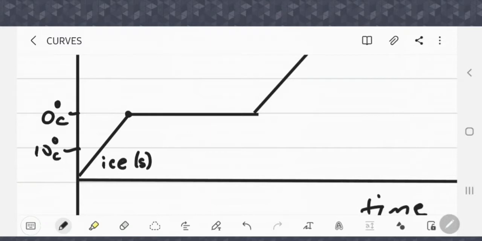As I have said already, it remains constant because the heat we are providing is being used for breaking the bonds, or intermolecular forces, of ice, and it turns into a liquid. So that's why the temperature line became constant. We will say that it is turning into liquid, or simply, it's melting.